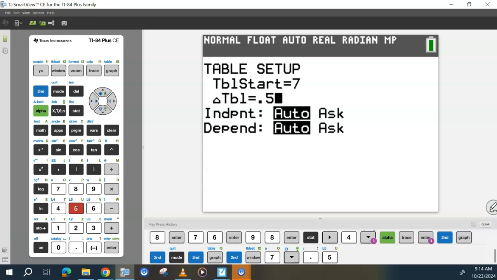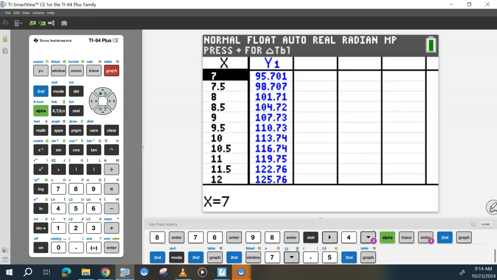Second window. After you change those values, go back into your table, second graph. Now in my calculator, I see somewhere between 7.5 and 8 is where that's going to go over 100, and our answer was 7.7 something, so we're close.